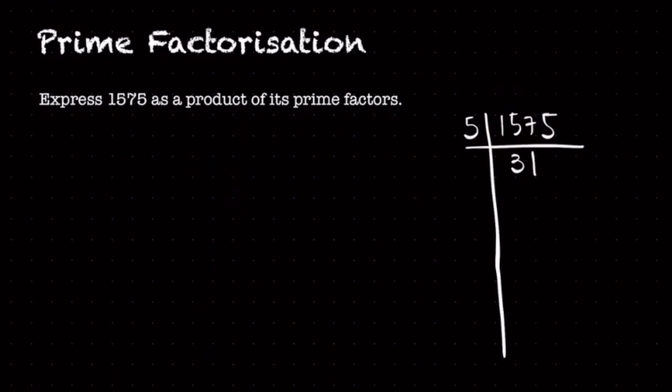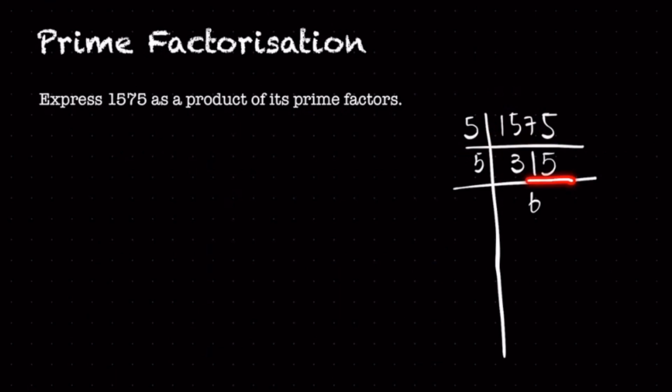5 can go into 15, and there would be a remainder, so 315. So there will be a 5. Do another 5, where we have 63.